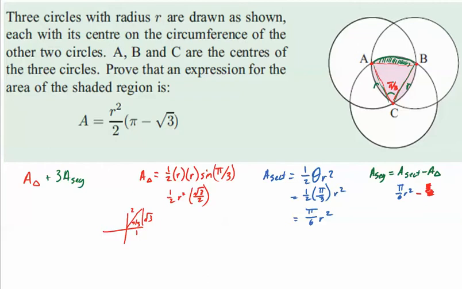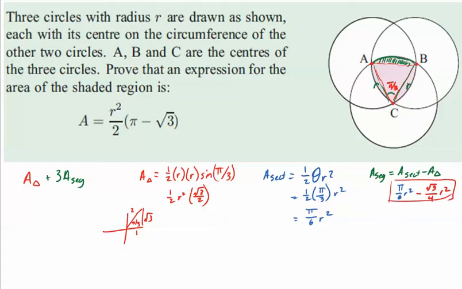I can't see any reason why not right now, so we'll just go pi over 6 r squared minus root 3 over 4 r squared. So that right there is then the area of a segment.